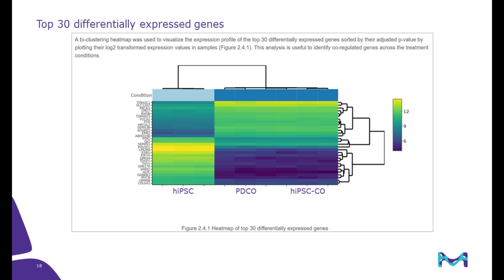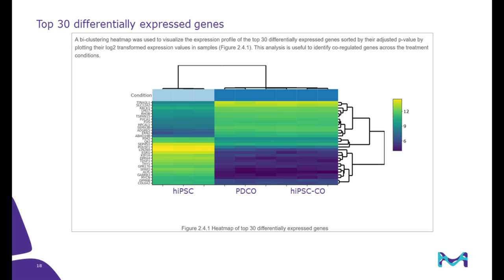We recently sequenced our human iPS-derived colon organoid and a patient-derived colon organoid line along with our iPS cells by RNA-seq. Here is a bi-clustering heat map that shows the expression profile of the top 30 differentially expressed genes in both iPS-derived and patient-derived colon organoids.